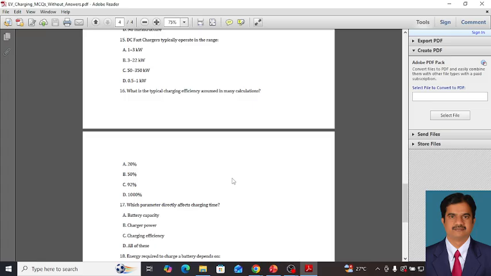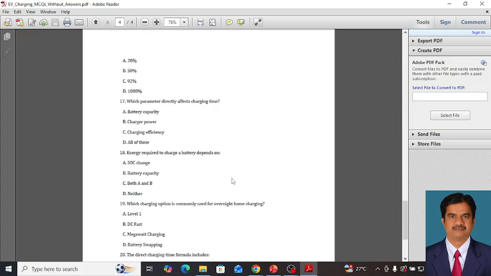Sixteenth, what is the typical charging efficiency assumed in many calculations? 20%, 50%, 92%, 1000%. 17th, which parameter directly affects charging time?